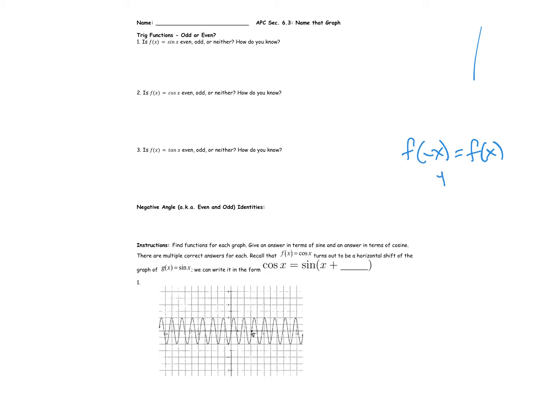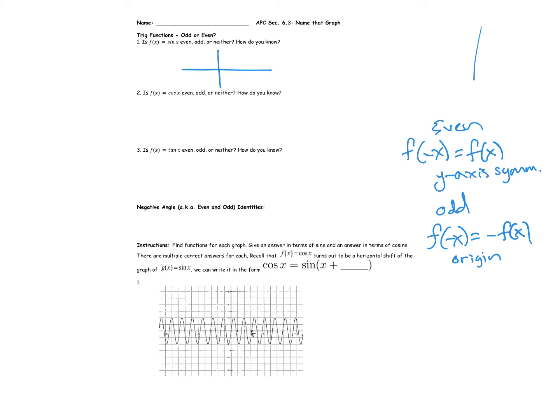That would result in y-axis symmetry. That's an even function. And an odd function is when I plug in negative x, it would be the opposite sign of the output when I plug in the positive input. And that has origin symmetry. So when looking at the sine function, it's good to have in your mind how y equals sine of x normally looks.